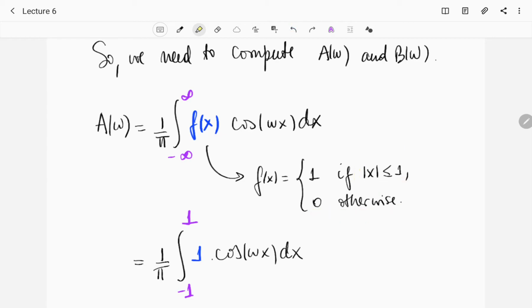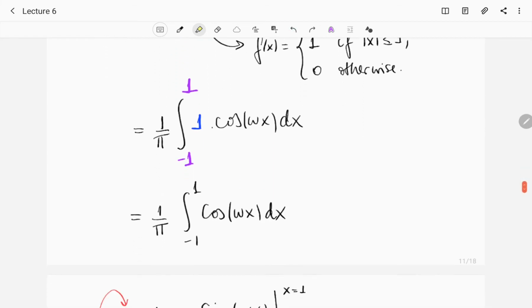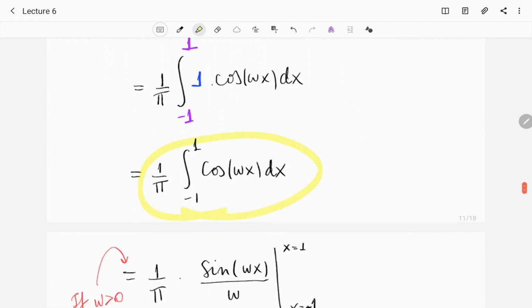So this integral from minus infinity to infinity just turns into minus 1 to 1. That's nice in this example, at least. And the value of f of x in that interval is just the number 1. So this is a first easy example, and we have cosine of omega x here. So we have to solve this integral.